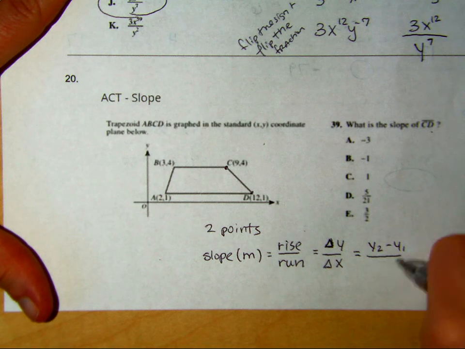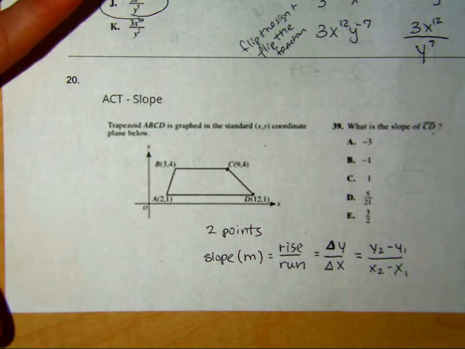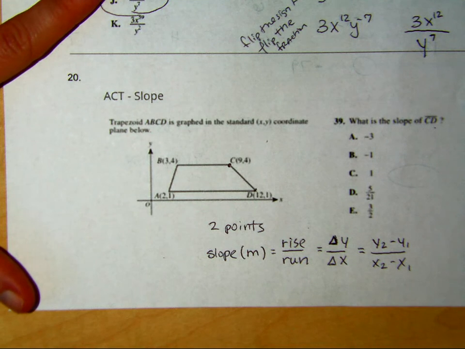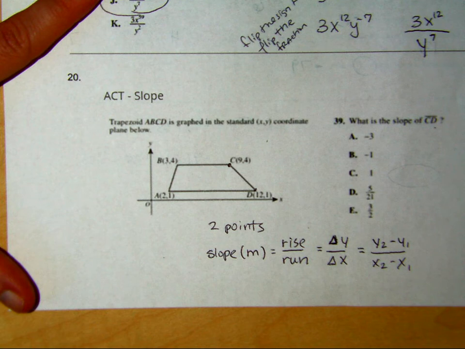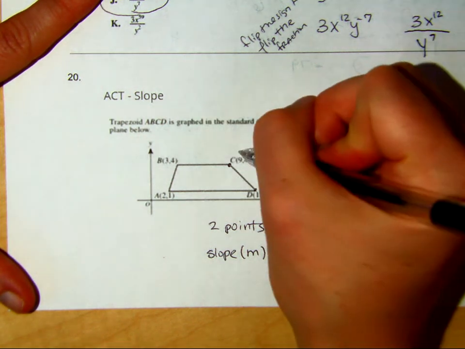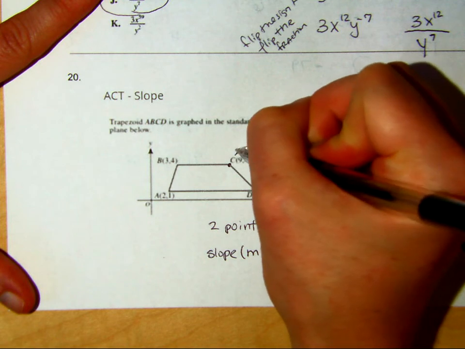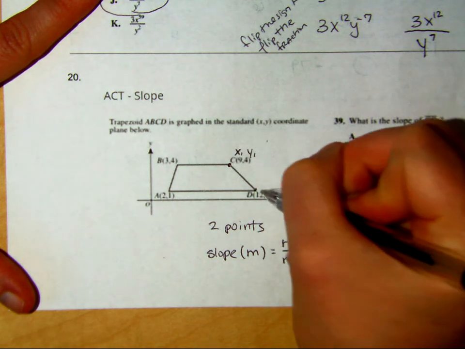Okay, so now all we really need to do is plug in our coordinate pairs into this equation. It doesn't really matter which one is your first coordinate and which one's your second, as long as you're consistent. So let's just say this is x1, y1, this is x2, y2. Okay?